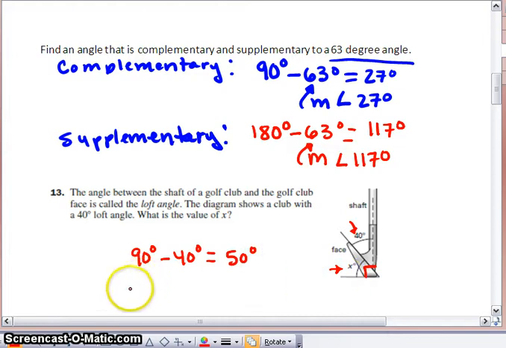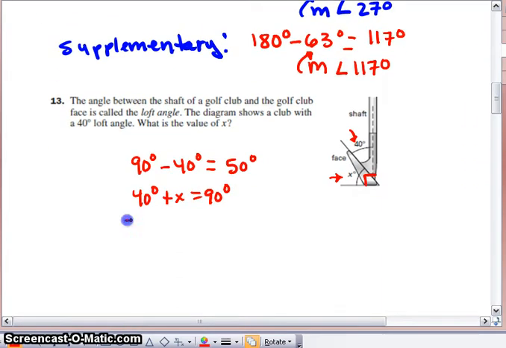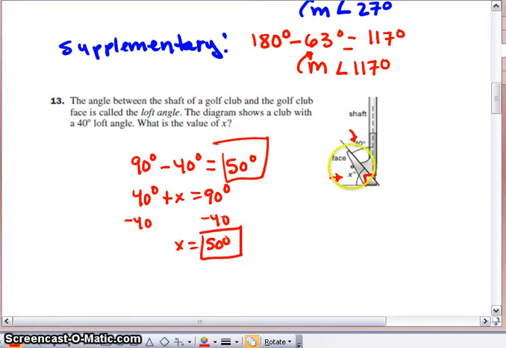Another way to look at that is 40 degrees plus x equals 90 degrees. If I undo the addition and subtract 40 from both sides, I get x equals 50 degrees. So both of these strategies help me find the angle for x. Actually, it goes all the way up here.